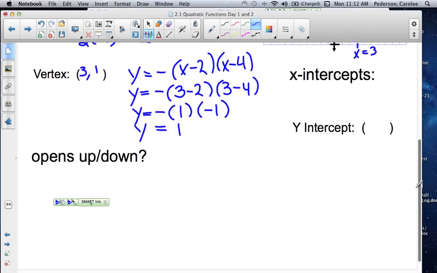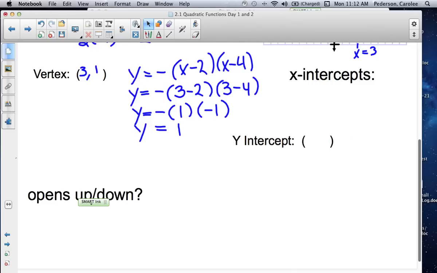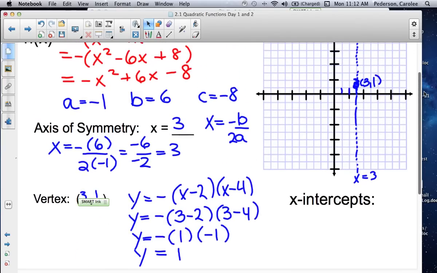All right. I can next find the y-intercept. The y-intercept is the c of the equation in standard form. So if I go up to that red equation, the c is negative 8.